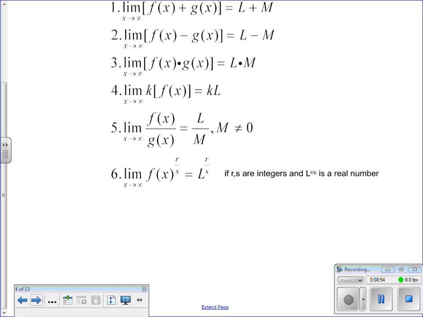So, for example, the limit of the square root of x squared is the square root of the limit of x squared.